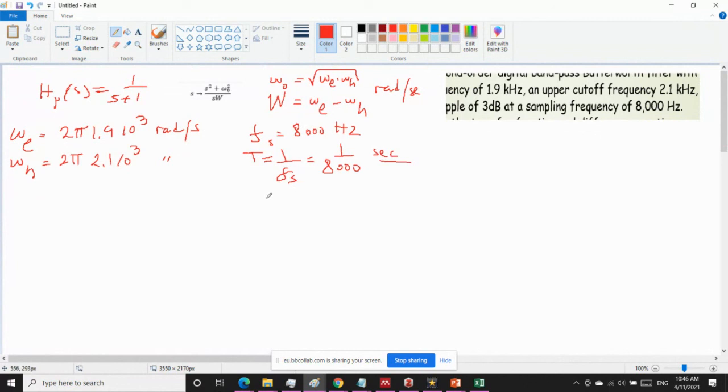Okay. So now the band pass filter that we want will be 1 over, and instead of S we put this: S squared plus omega 0 squared over SW.